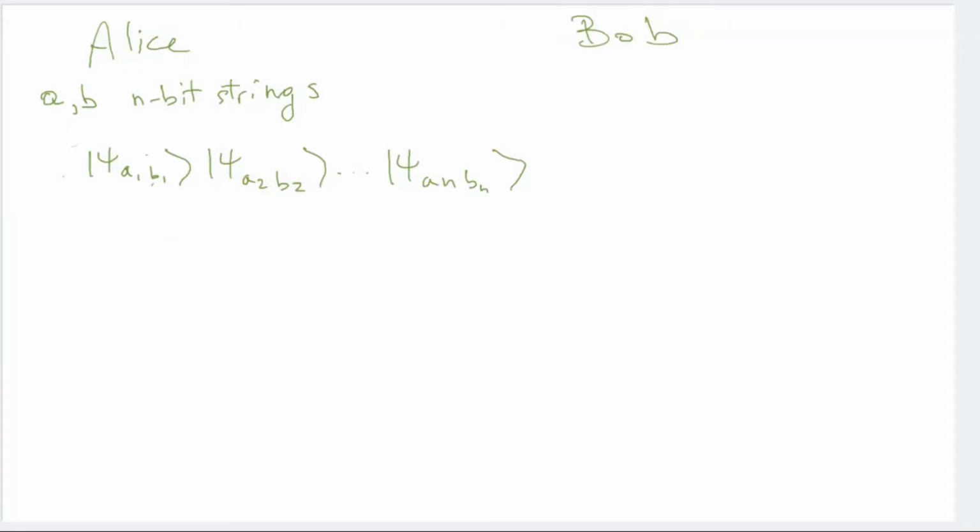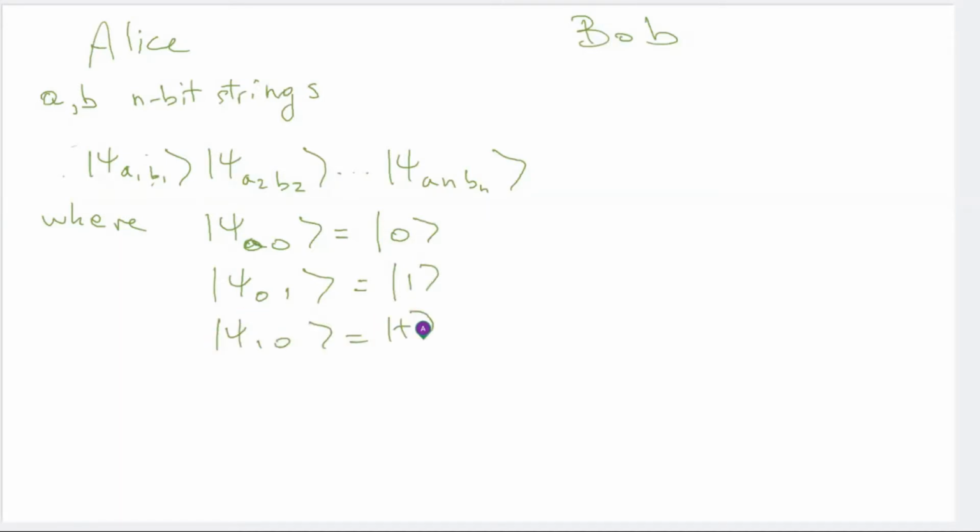So Alice will create a state of n qubits, where psi 0,0 is equal to 0, psi 0,1 is equal to 1, psi 1,0 is equal to plus, and psi 1,1 is equal to minus.